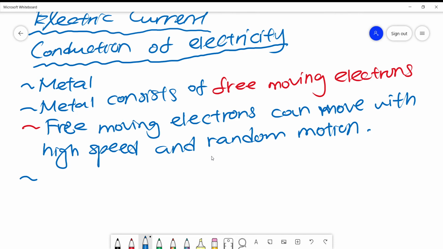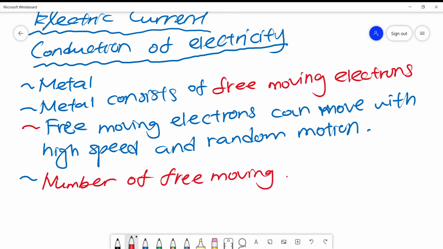Alright, so if we are going to determine how many electrons are inside a specific metal, such as copper, silver, and other metals, the term that we use is the number of free moving electrons per unit volume.